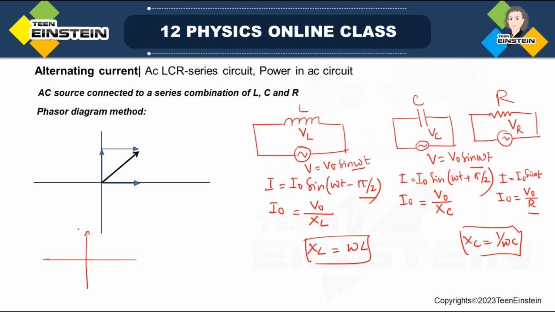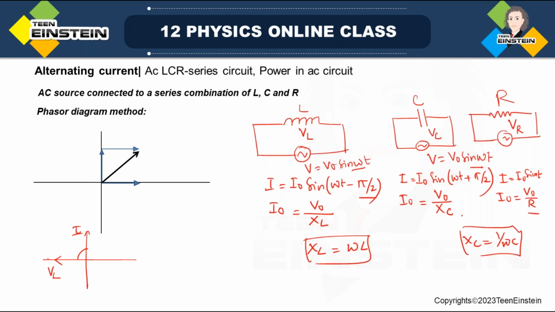Okay, current is in the y direction. So this current is this way. In case of an inductor, we know the current is lagging. That means the VL will be somewhere here. VL will be somewhere here, right? It is leading by 90°, so this is I.